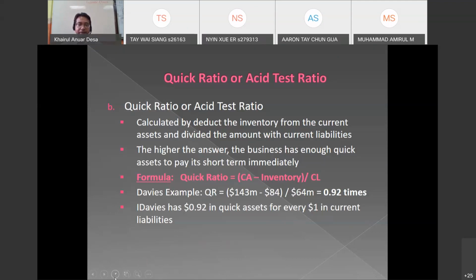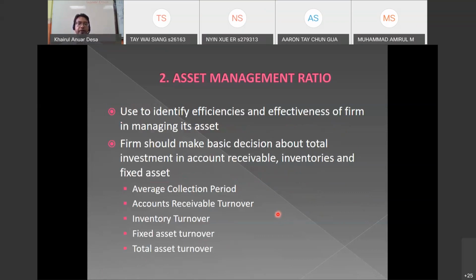Okay, this is from last week's meeting. We also discussed some of the measurements here, ACP and account receivable. In asset management, we want to determine the efficiency and the effectiveness of the firm in managing its assets.